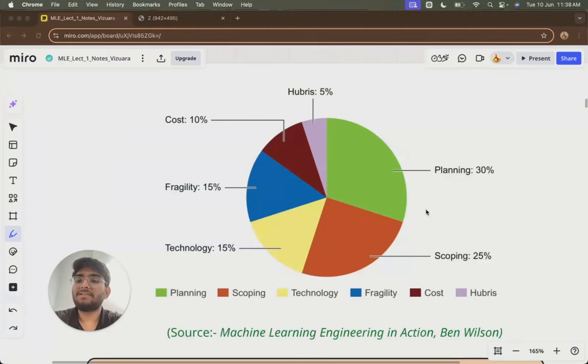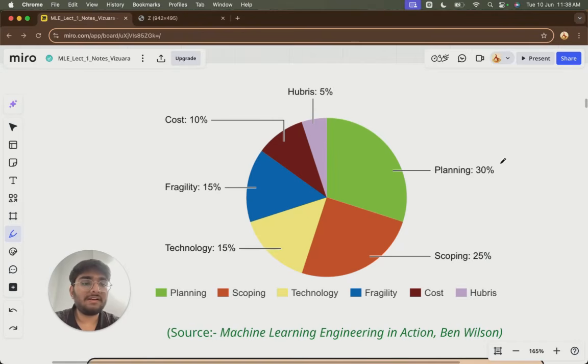Now let's look at the pie chart where author Ben Wilson, in the book Machine Learning Engineering in Action, has shown us why most ML projects fail and what the reasons behind them are. Let's see what kind of reason contributes the most to the percentage of ML project failures. Let's go with planning.